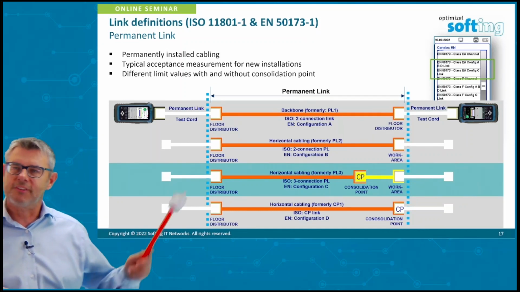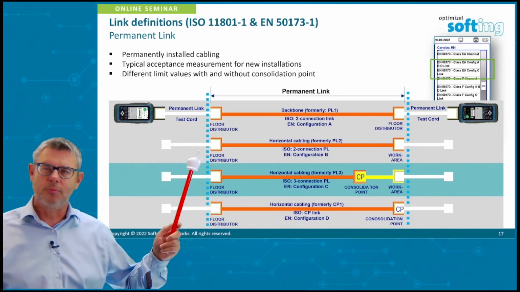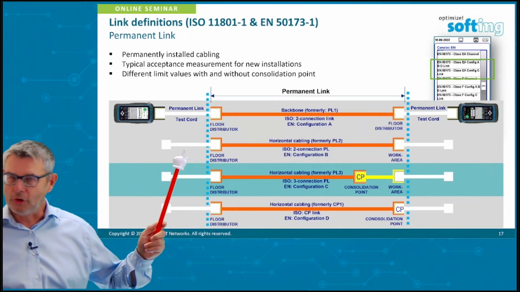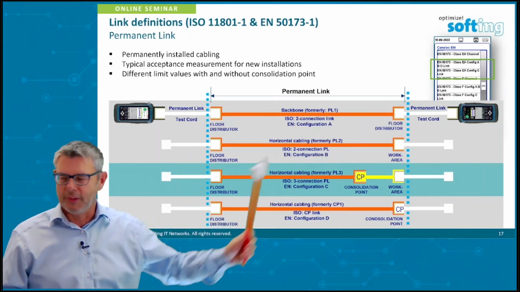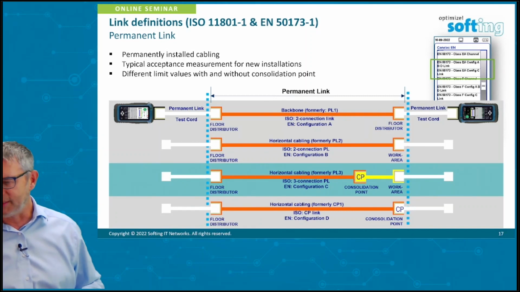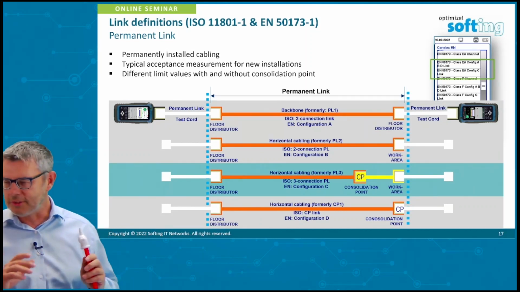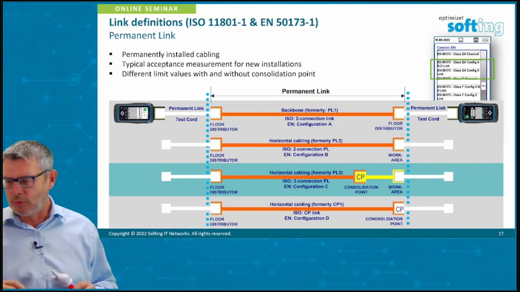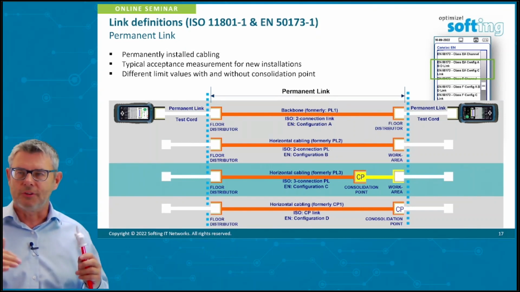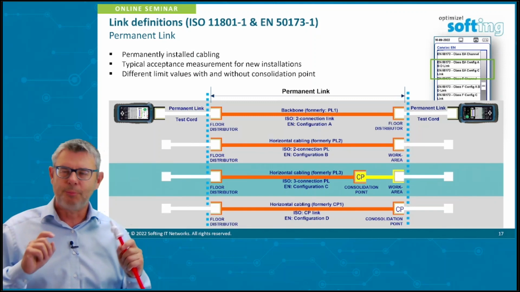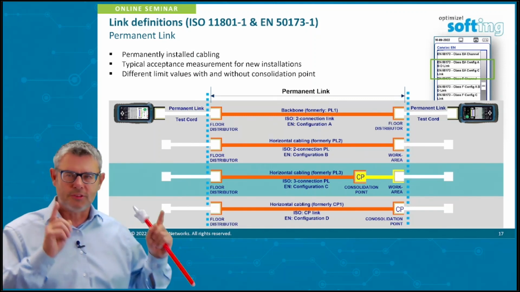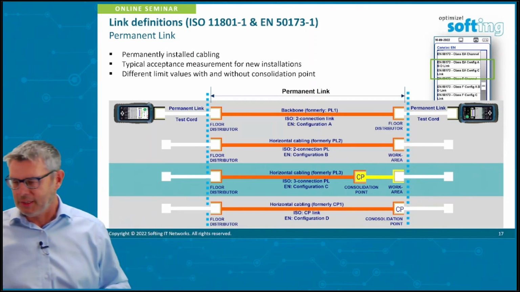If you use the same permanent link as the connection between the floor distributor and the outlet in the room, it's called permanent link PL2. It's usage number 2, used as horizontal cabling, which was very nice to remember. So, okay, I'm measuring PL2, the cable with 2 jacks on the ends.